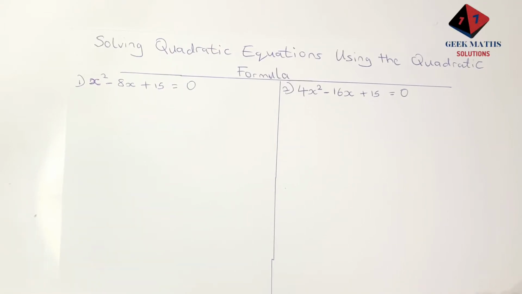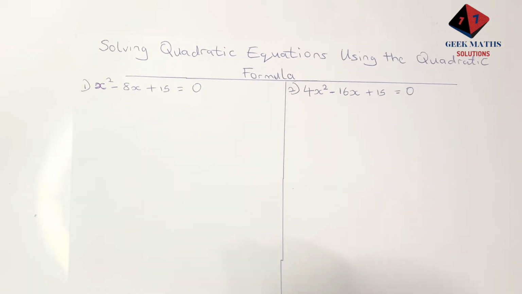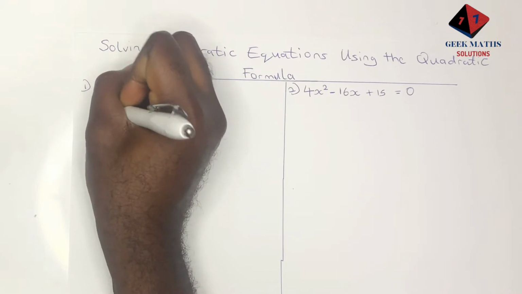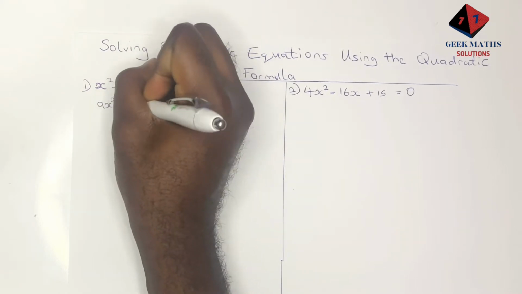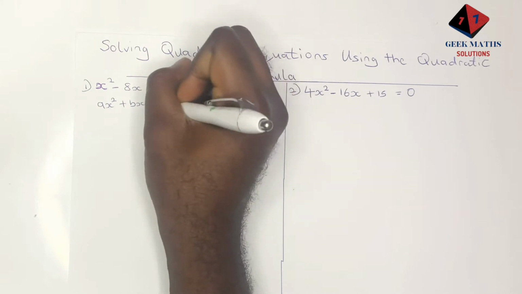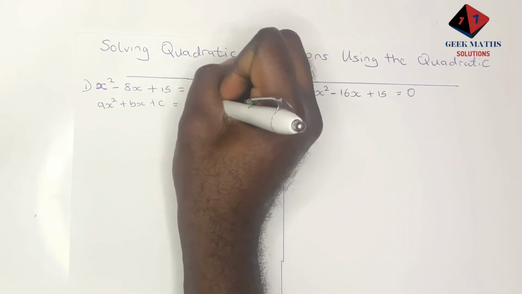So today we'll be solving quadratic equations using the quadratic formula. Generally, a quadratic equation comes in this form: ax squared plus bx plus c is equal to 0.